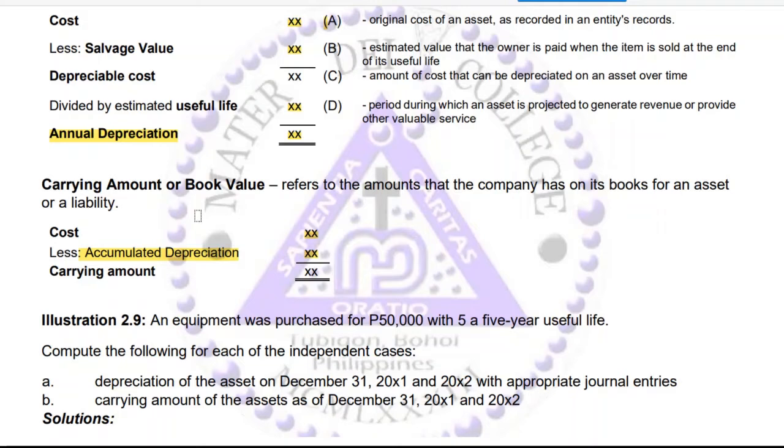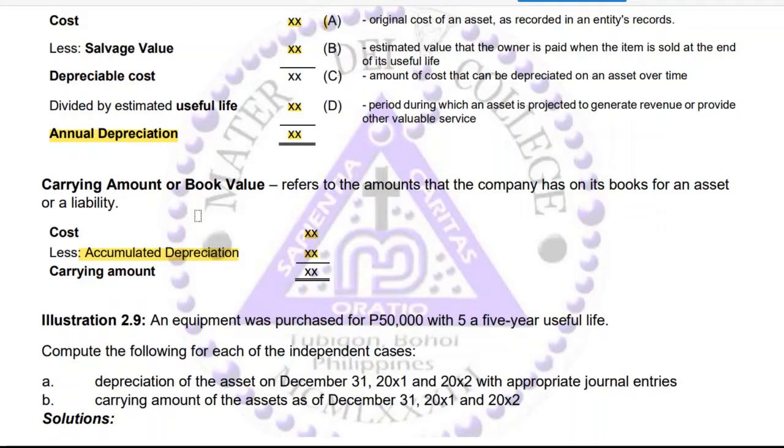Example, an equipment was purchased for 50,000 with a 5-year useful life. Compute the following for each of the independent cases.